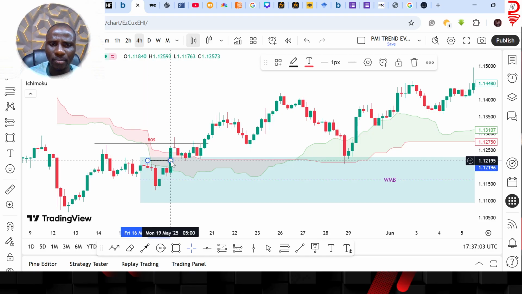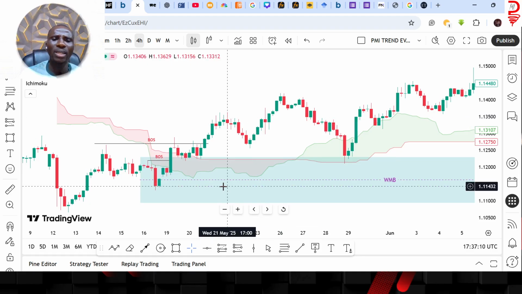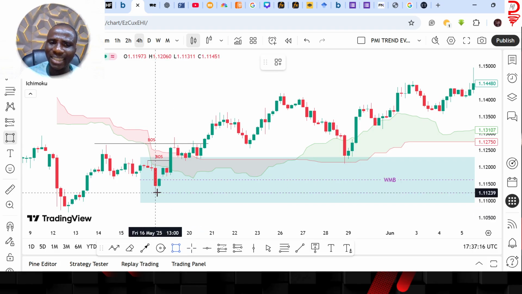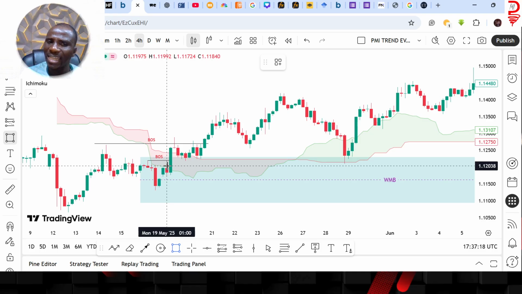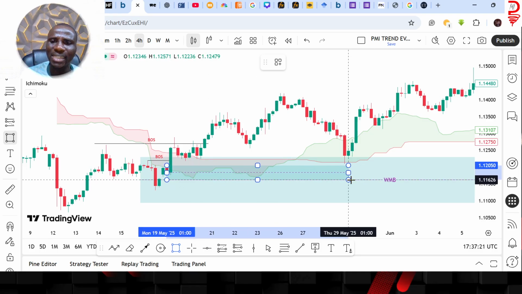Now, the last candle that created this break of structure is expected to be our area of emphasis.